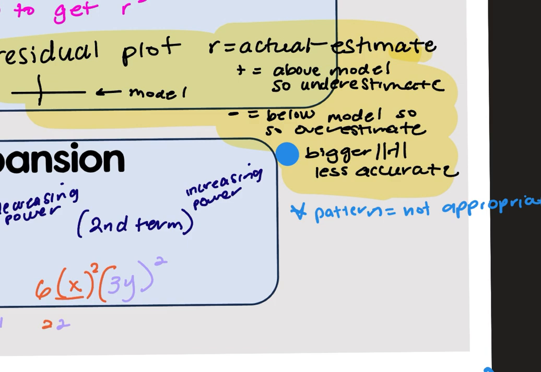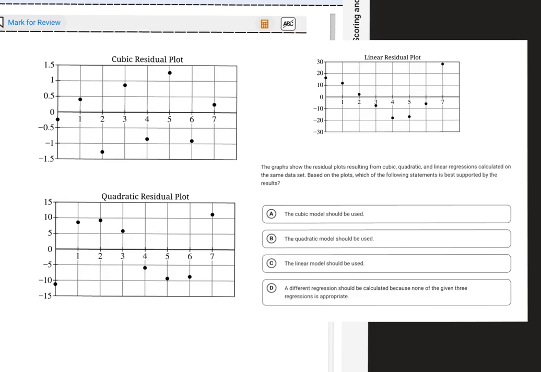All right, so here's what an example could look like. It says the graphs show the residual plots resulting from a cubic, quadratic, and linear regression calculated on the same data set. Based on the plots, which of the following statements is best supported by the results? From these, we are looking for something that is not in a pattern shape.